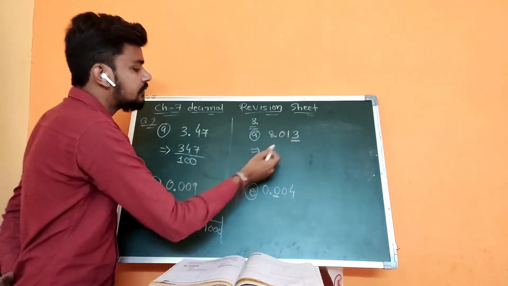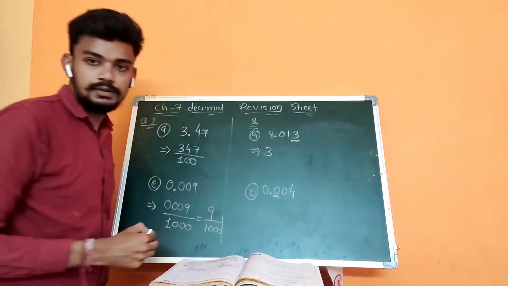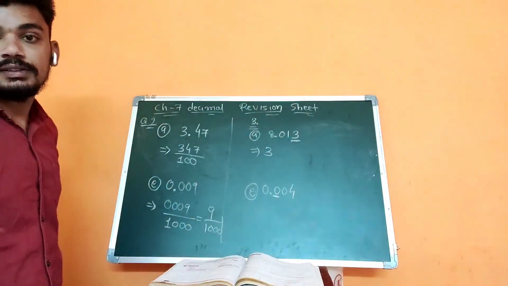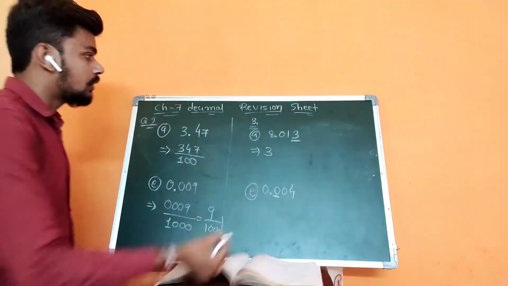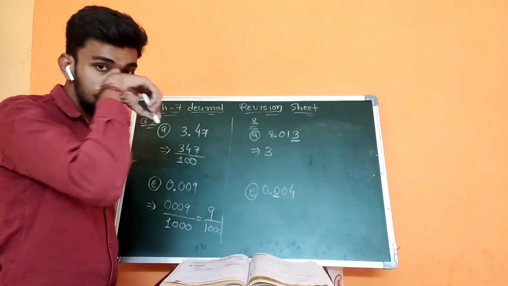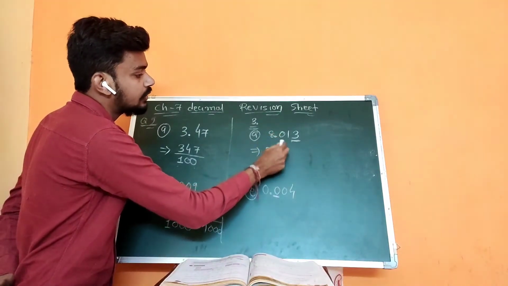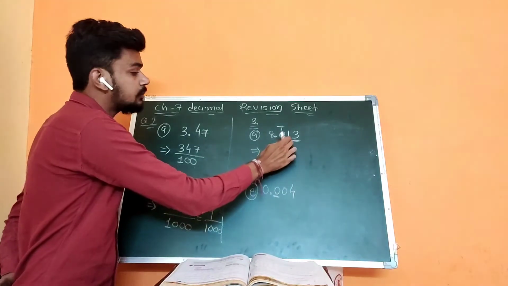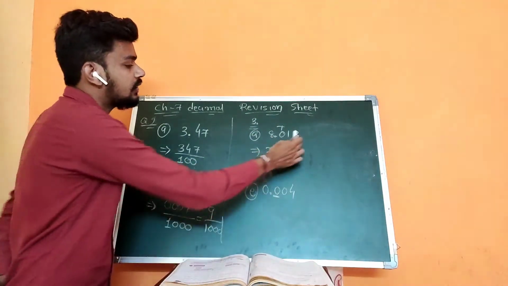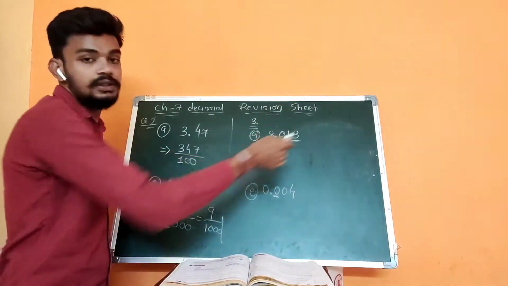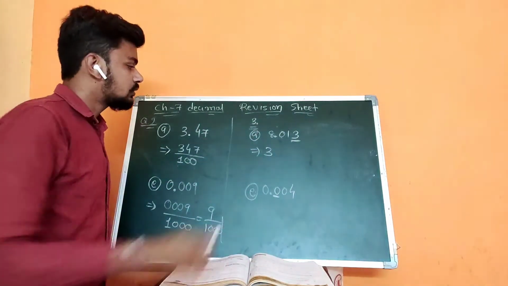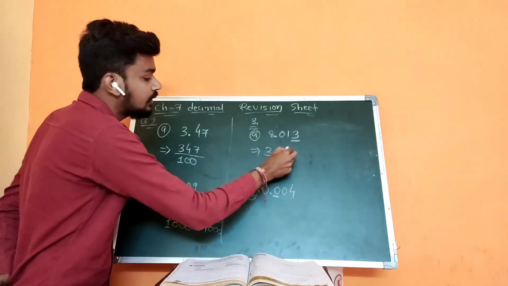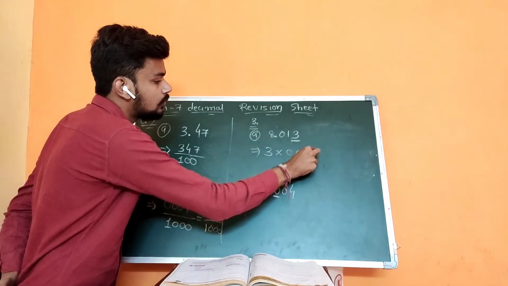First we write the 3 as it is. Second, find the place of that 3 as per the question. After the point, the first place is the 10th, the next is the 100th, and that 3 is in the 1000th place. So we can write this as 3 multiplied by 0.001.